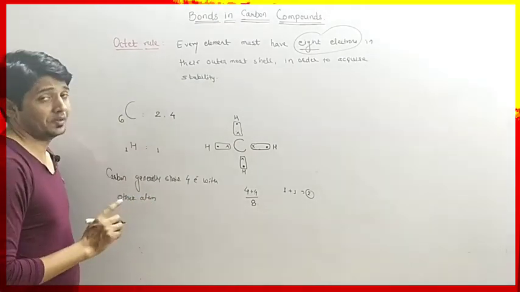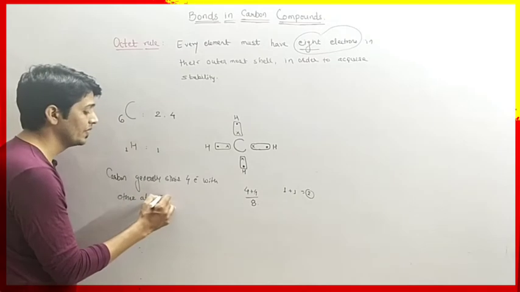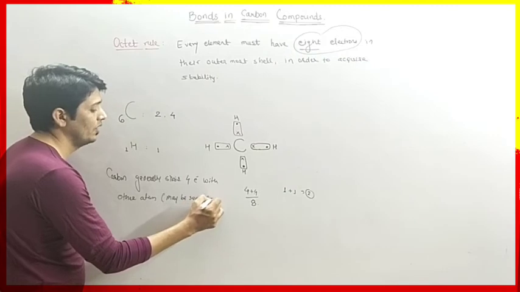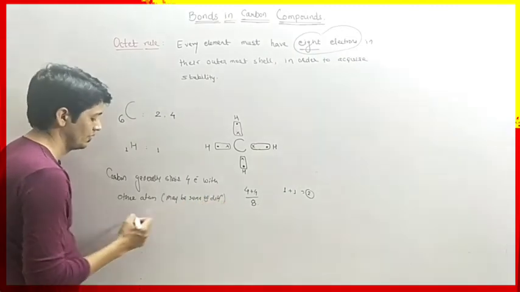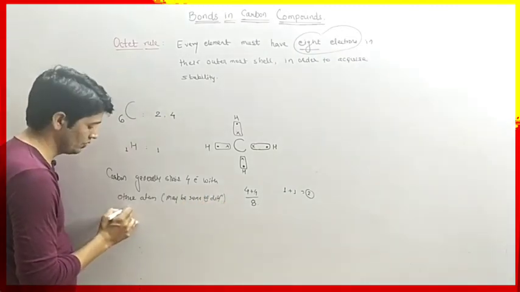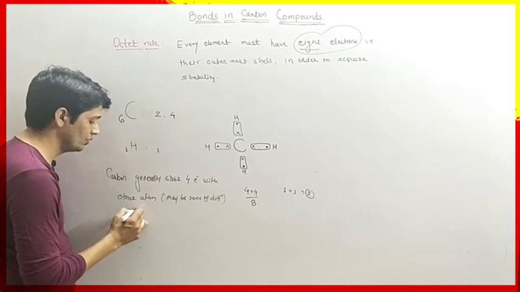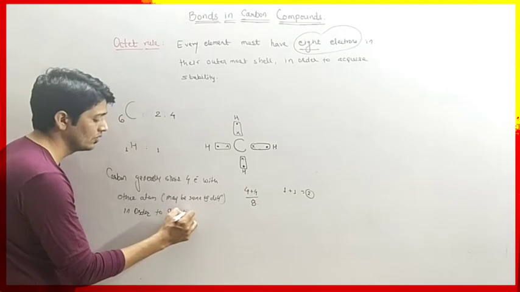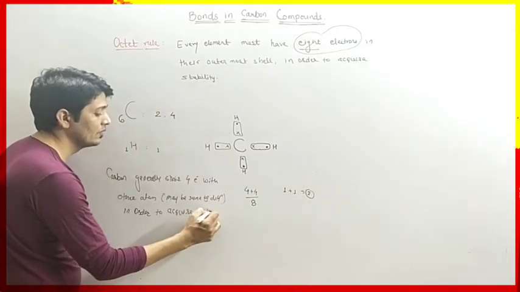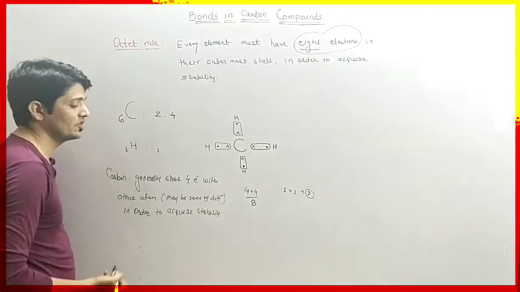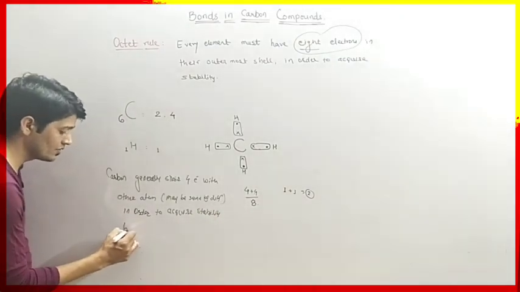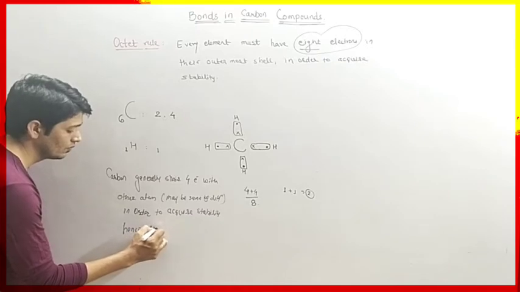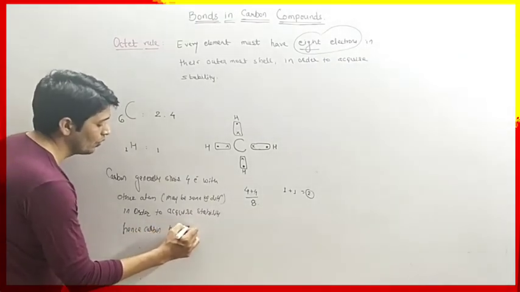They may be the same or different atoms, in order to acquire stability. Therefore, hence, carbon has 4 valency.